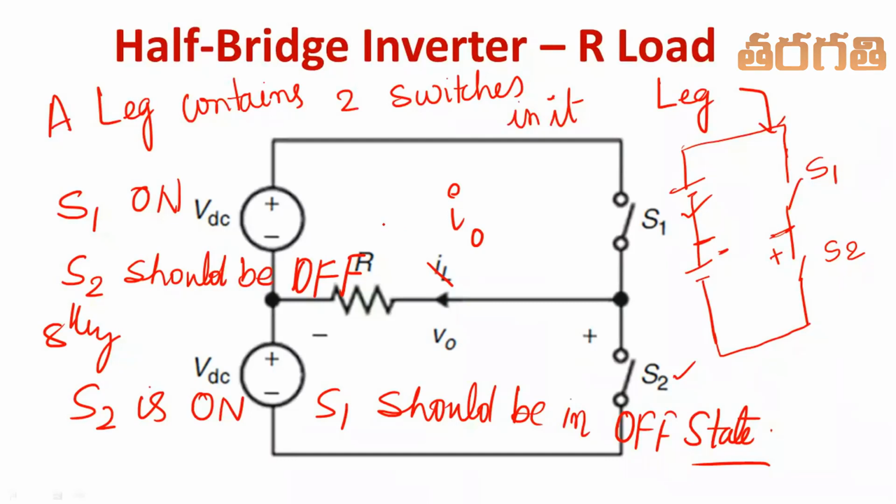The load considered for analysis is resistive in nature, the basic load with which we can start analyzing our circuit. The switches S1 and S2 are operated in a complementary manner.